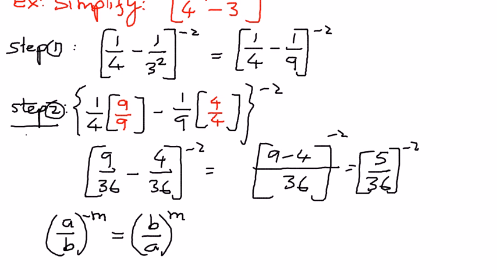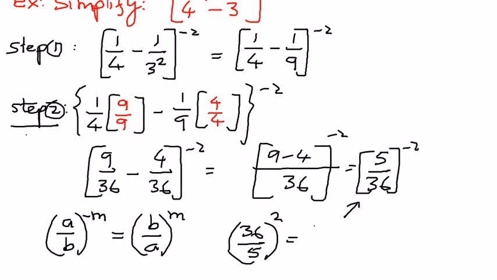Therefore, 5 over 36 raised to the power of negative 2 can be written as 36 over 5 raised to the power of positive 2.